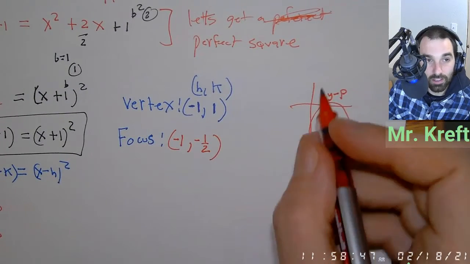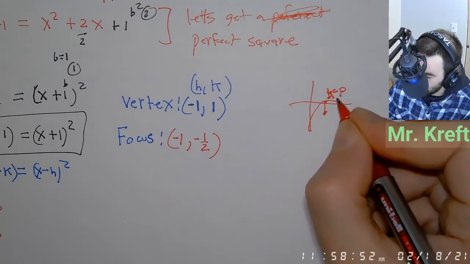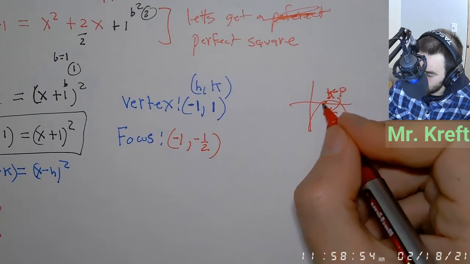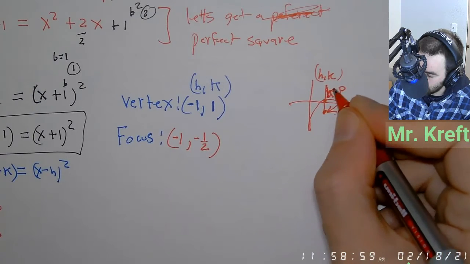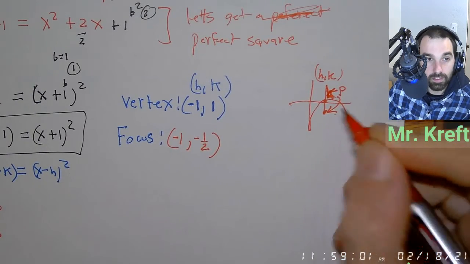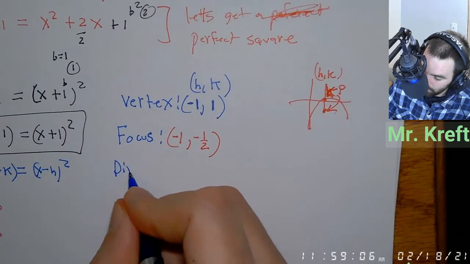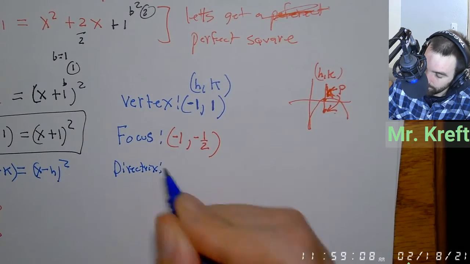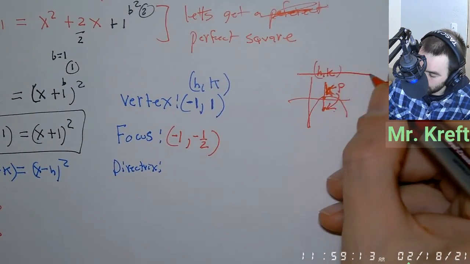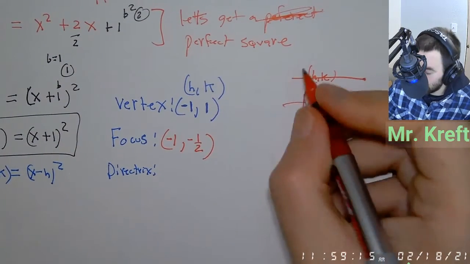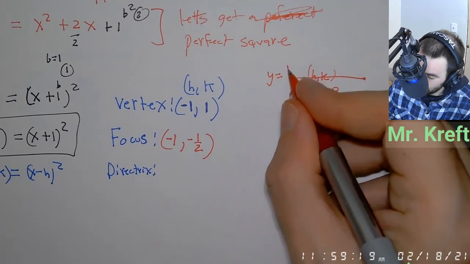You guys see how I did that? So I did y minus p. So here's my y, so this is going to be k minus p. Right? So if this point right here is h, k, then this point down here is going to be k minus p. Okay? So that's my focus. And then my directrix is going to be in the opposite direction. So it's going to be y equals k plus p.